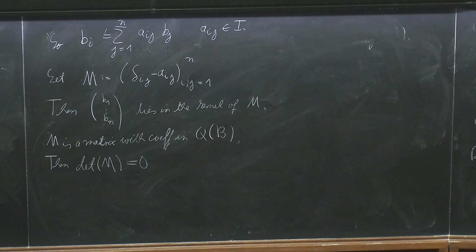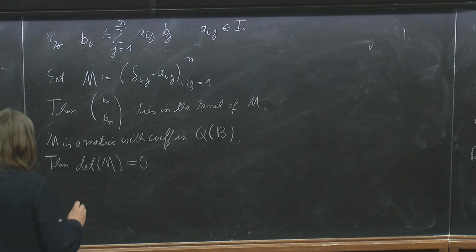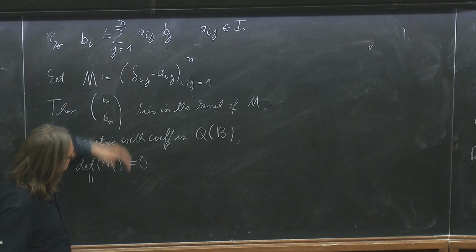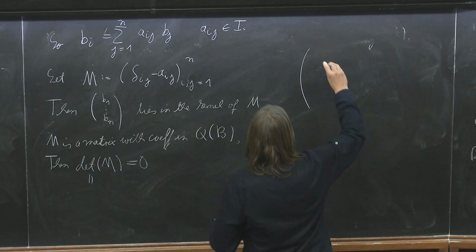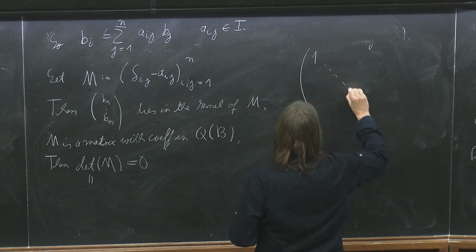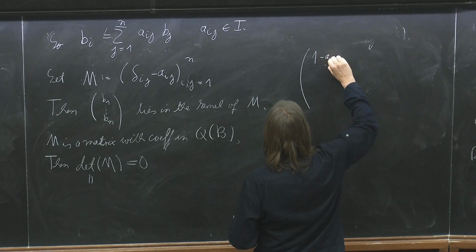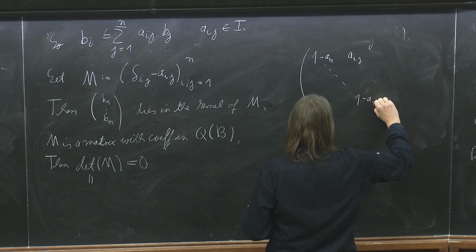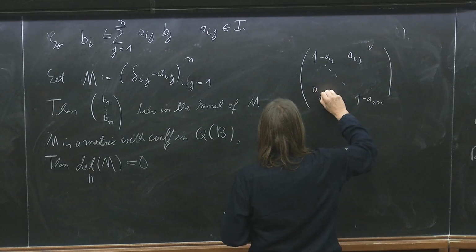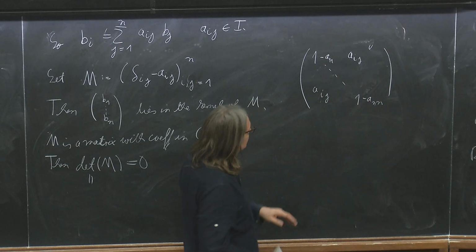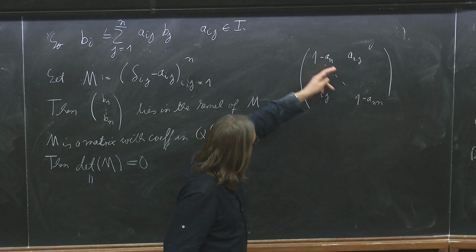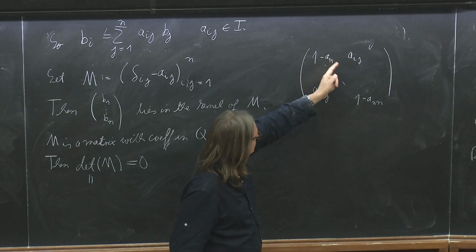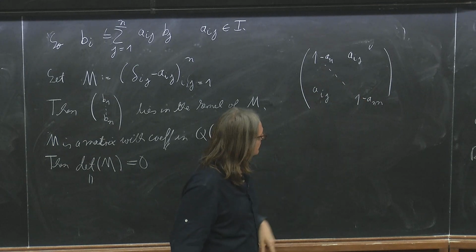Now we have to see what that means. So what is the determinant of M? I claim, if I look at this, how does it look? We have here 1 minus a11, and here we have the aij's down to ann. We have this one term where we could take the diagonal, so we get a 1, and then we get some combination of these aij's, and all other terms are divisible by aij.